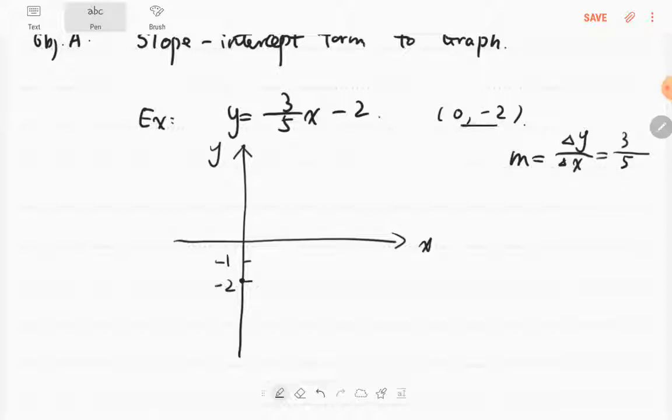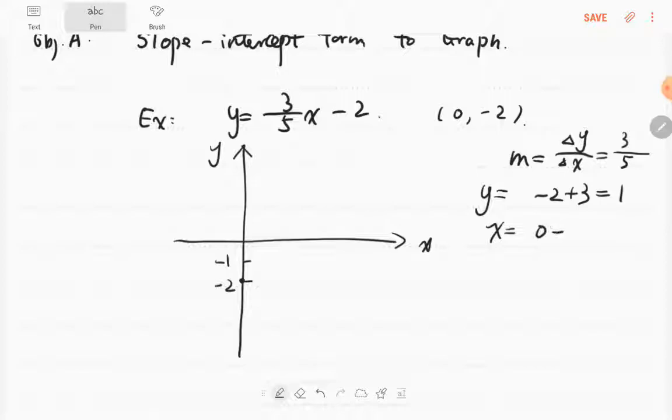So here is the y-intercept. We start with this point. Add 3 to y, so the new y will be -2 plus 3, which is 1. And we will get the new x. Add 3 to y, we should add 5 to x.